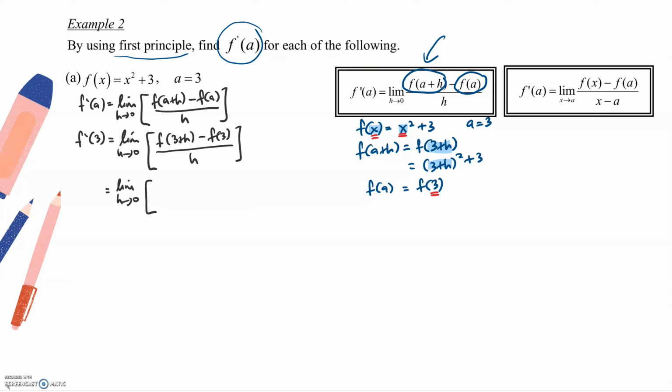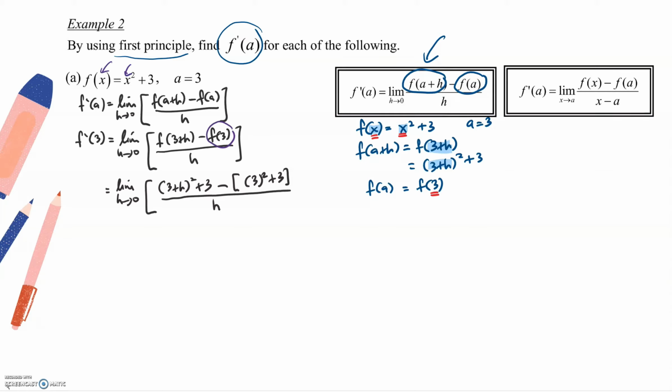So f(3 plus h) is (3 plus h) squared plus 3 minus f(3). f(3) means that we substitute 3 into the function f(x). So we have here 3 squared plus 3. So this is f(3). We substitute into x.